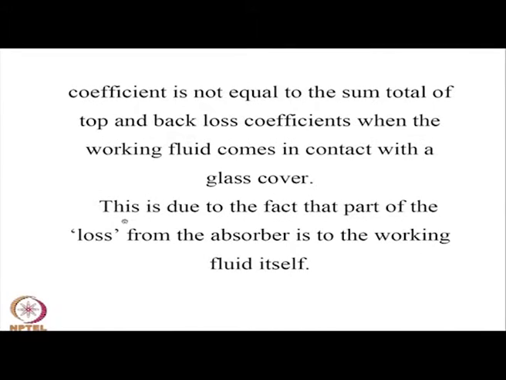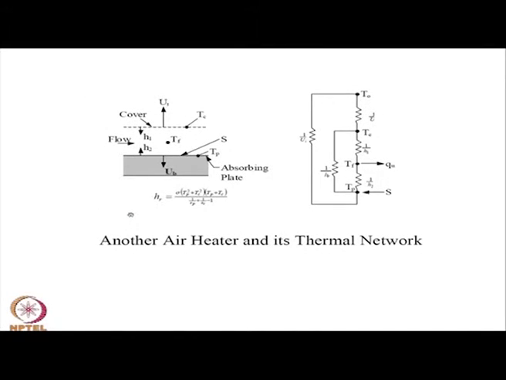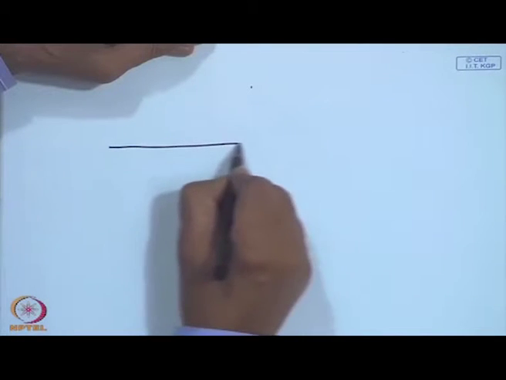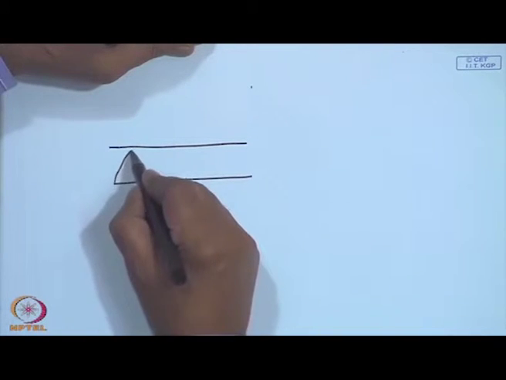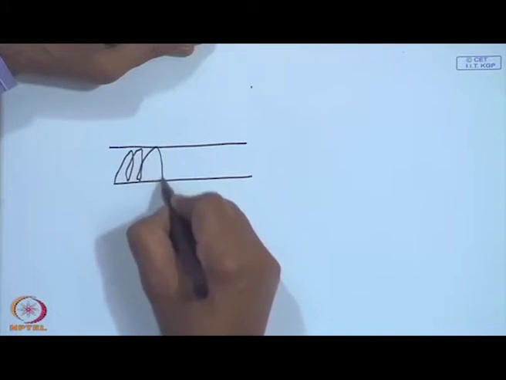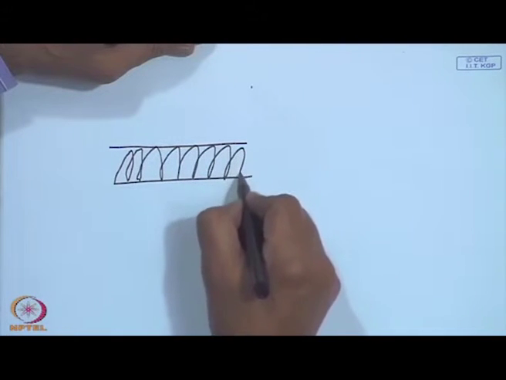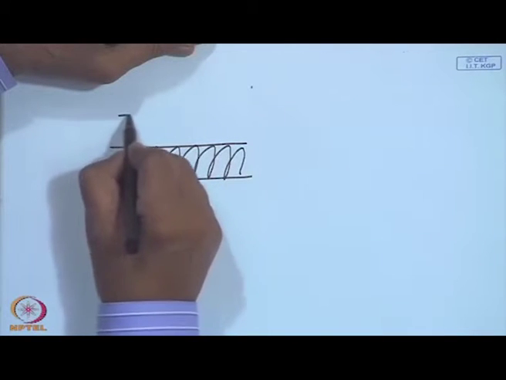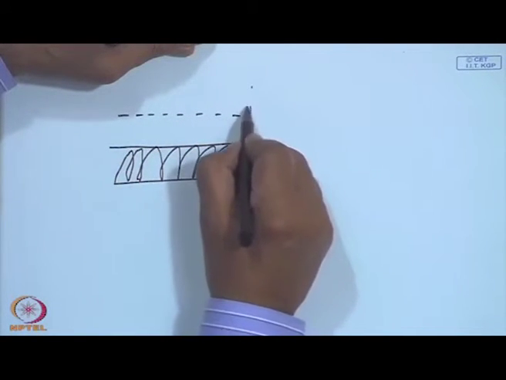So, we will show one such configuration which I have already shown. This is the insulation. This is the top glass cover at a temperature of Tc. This is at Tp.